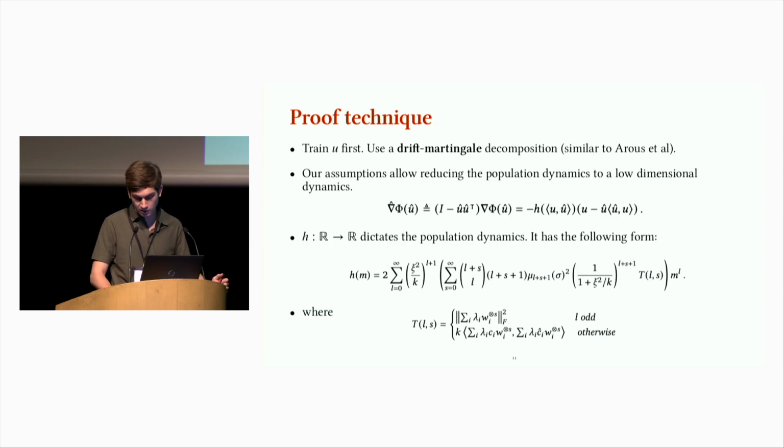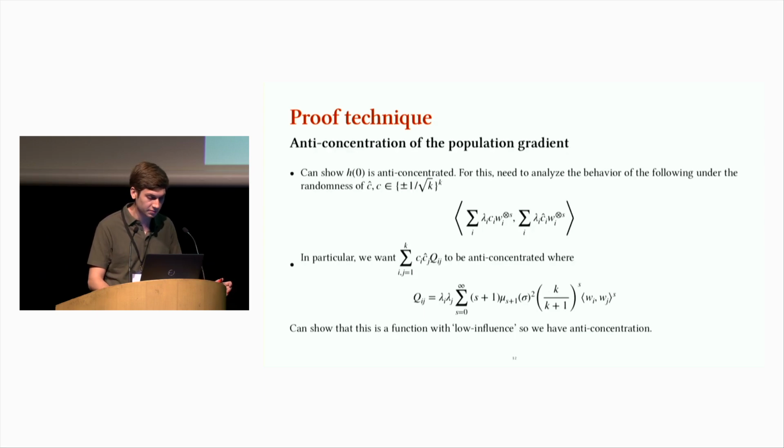This is where we significantly diverge from previous work, in that the nonlinearity controlling the dynamics is significantly more complicated and depends on these moment tensors, which are random because of the random initialization. There are also many quantities that a priori it's not clear what their magnitudes should be. But the goal is to show that this quantity is nice and lower bounded, in the sense that you get sufficient signal from the population gradient so that the noise in the gradients is not too bad in the long run.